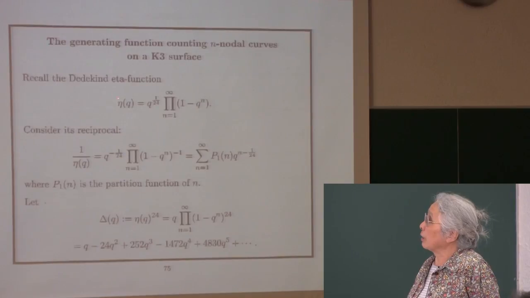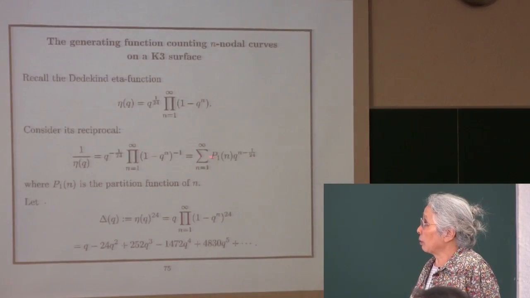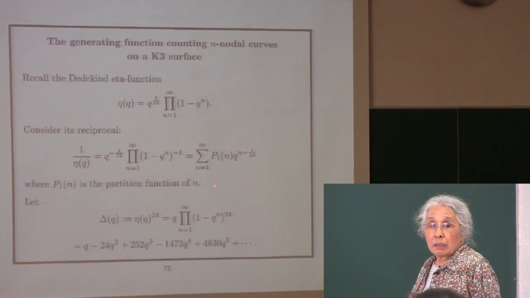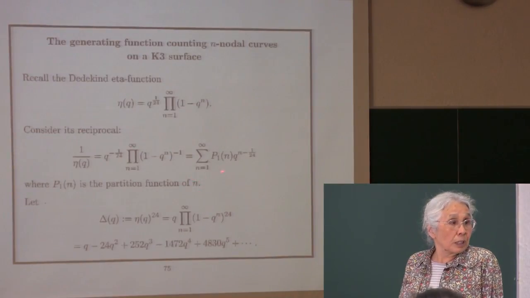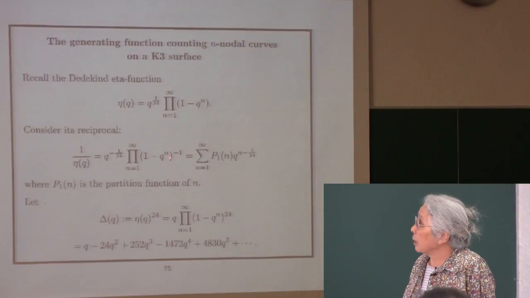If you take 1 over eta of q, you can express this as an infinite product, expand this, and you'll get a partition function. p(n) is the partition function of n: the number of ways N is expressed as a sum of numbers.